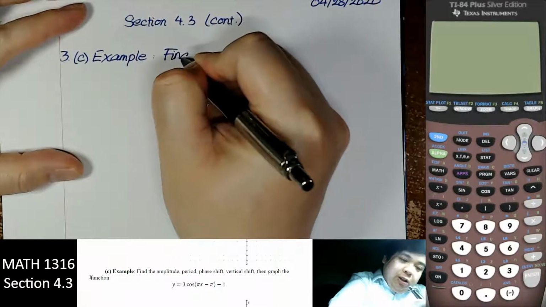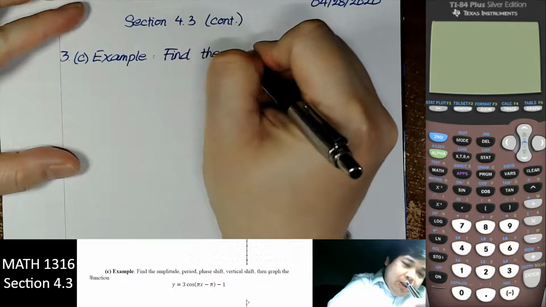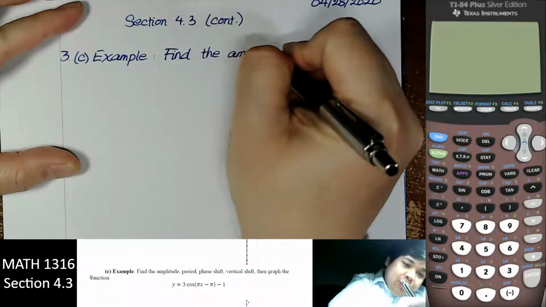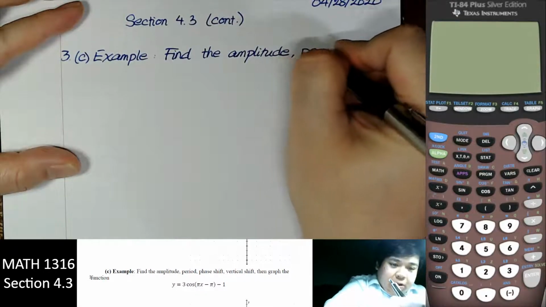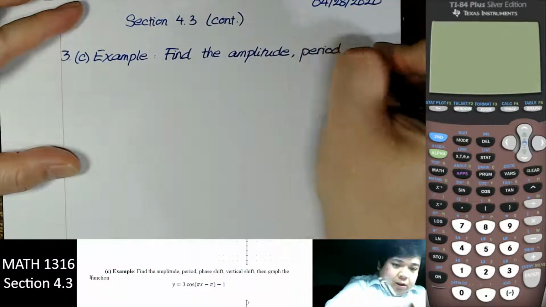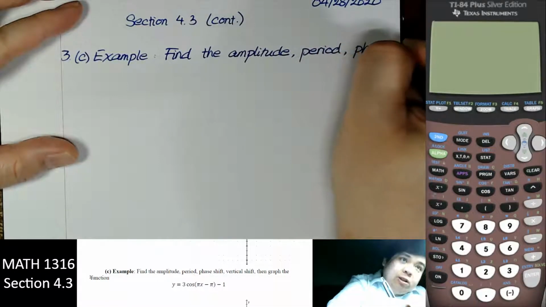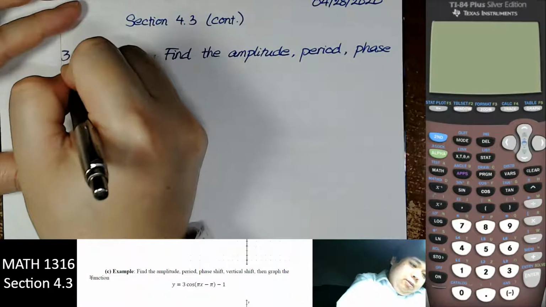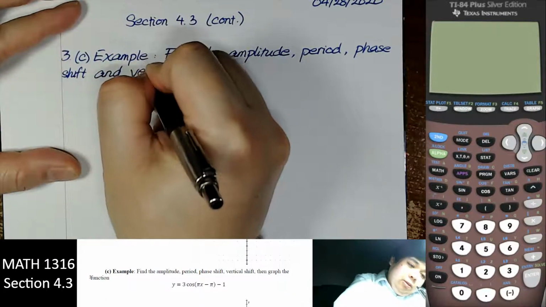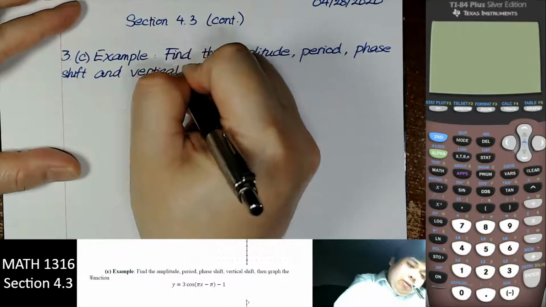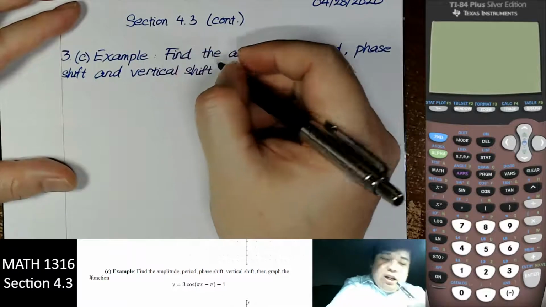So find the amplitude, period, phase shift and vertical shift. And then sketch.